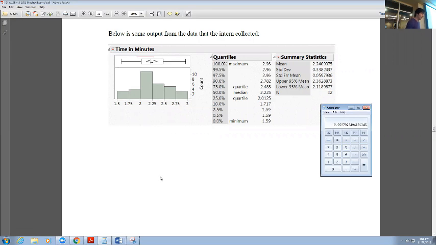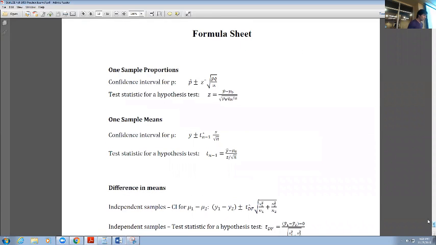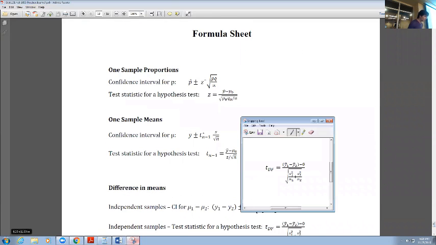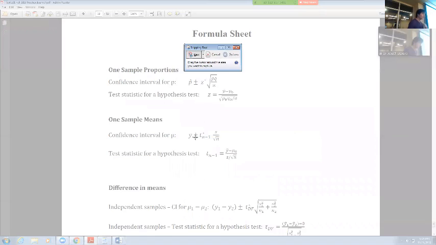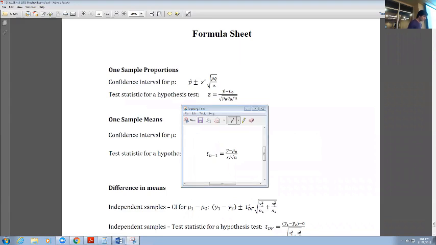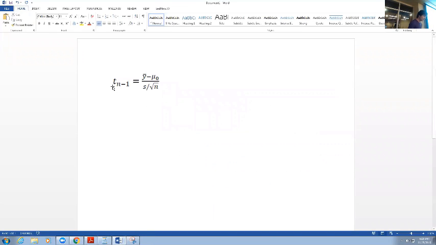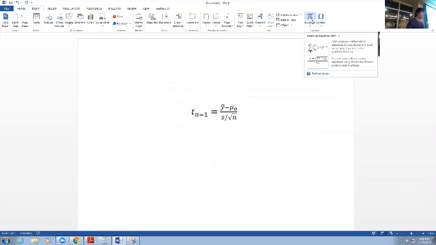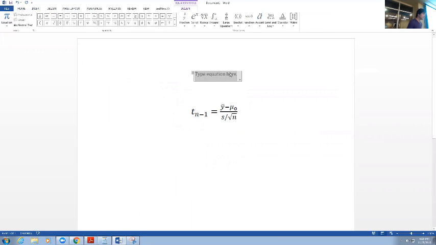So all we need to do here, let's go back and do formulas now. So when we take this, let's go ahead right here and take our formula and insert equation. And there we go.